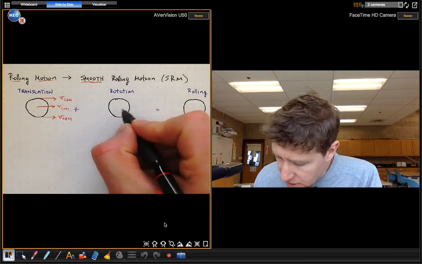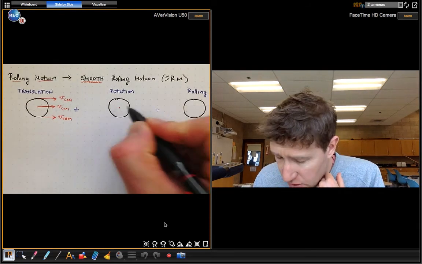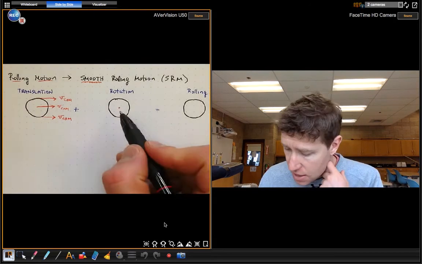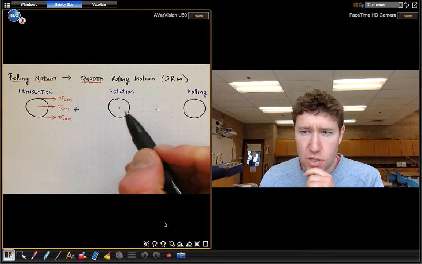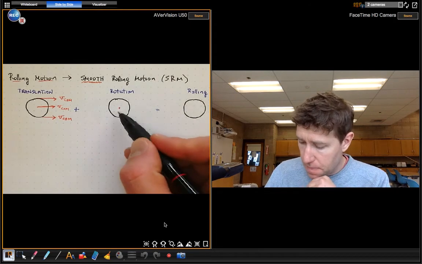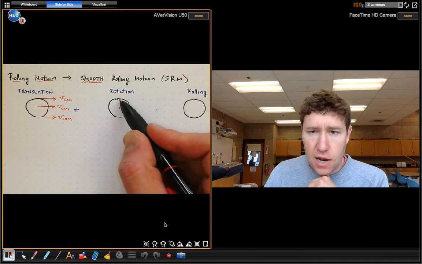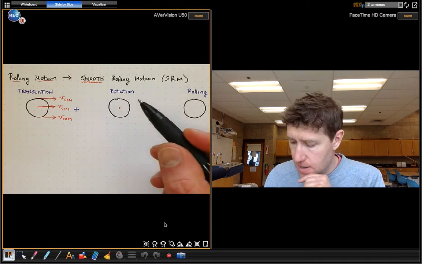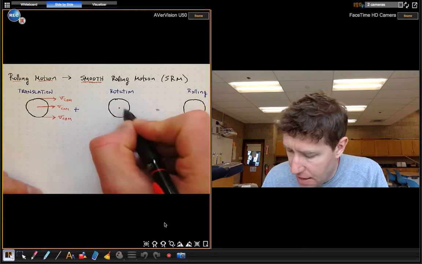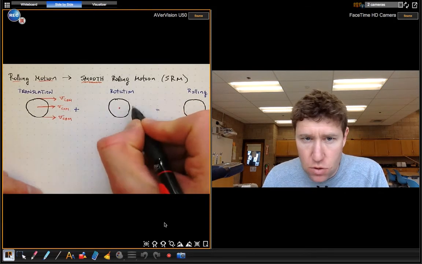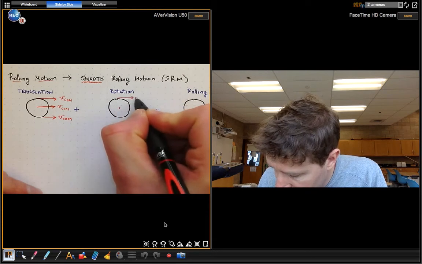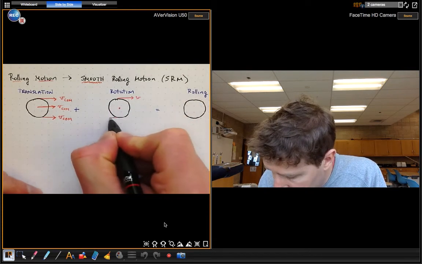In the case of rotation, we have a very different situation. If this thing is rotating, so it's spinning, but it isn't actually translating at all, then the center of mass has absolutely no speed whatsoever. But the very top and the very bottom of the hoop are moving. If I imagine that this thing is rotating in the clockwise direction, there would be a velocity here, and a velocity in this direction as well.